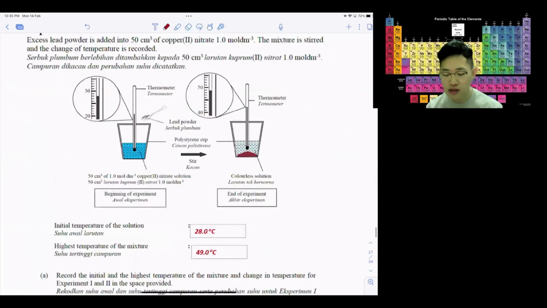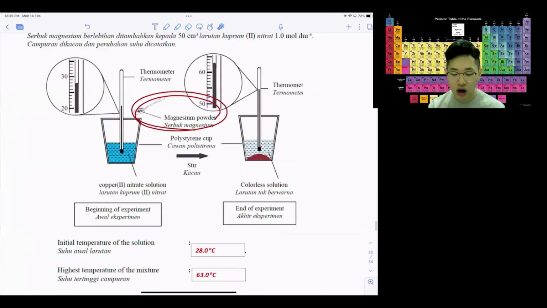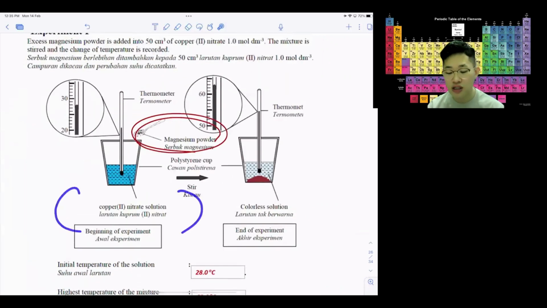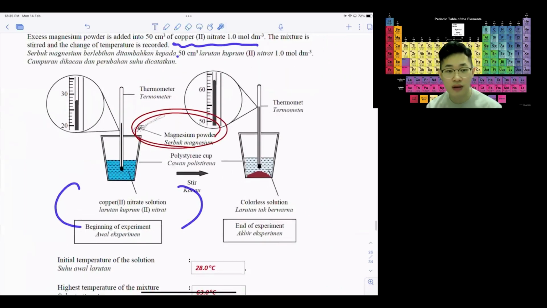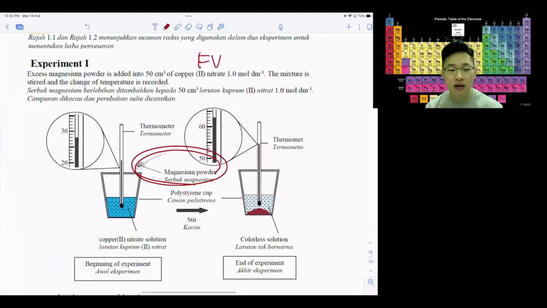Experiment 2, they are using lead powder. Both are added into the same volume and same concentration of copper 2 nitrate solution. So that means this will be my fixed variable, the volume and concentration of copper 2 nitrate solution.